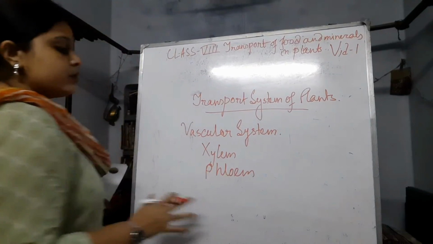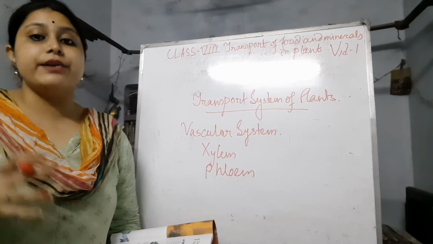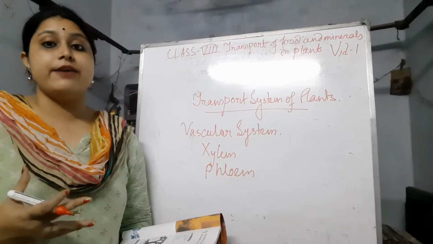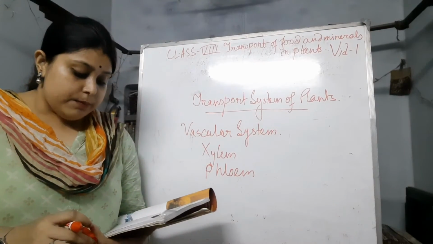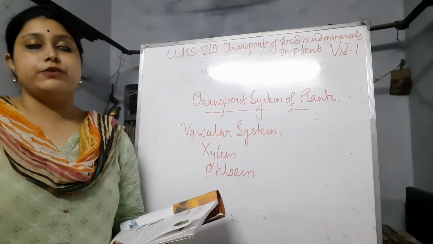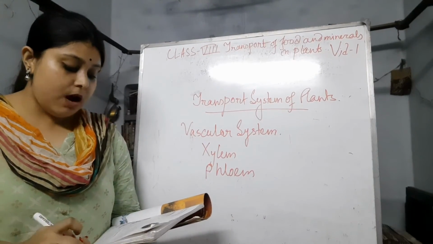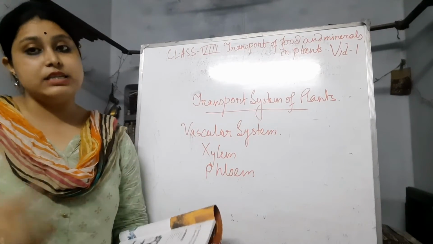By these two, all foods, minerals and nutrients are carried, taken from the soil, and the plants prepare their food. Both xylem and phloem extend from the tip to the root of the plant. So let's discuss the xylem and phloem and what the parts of these are in this video.